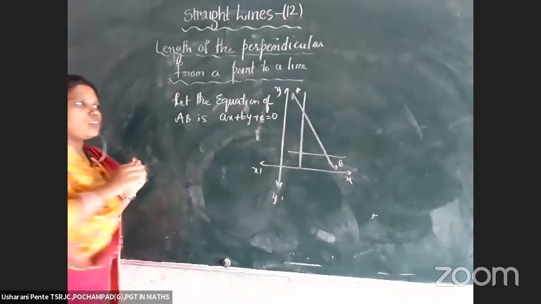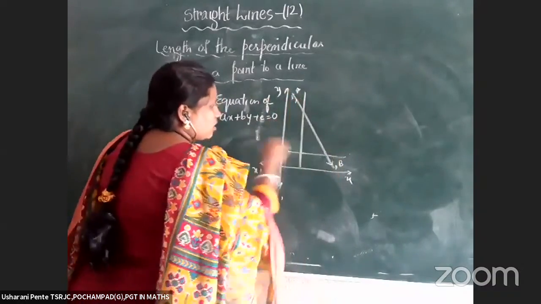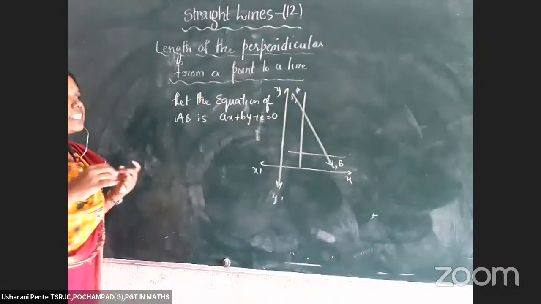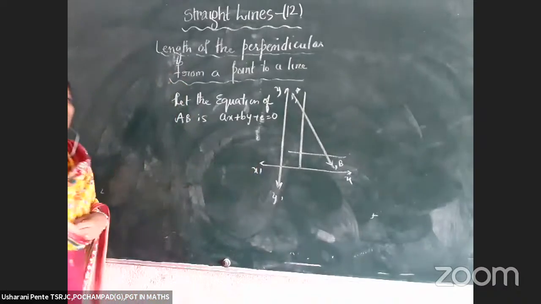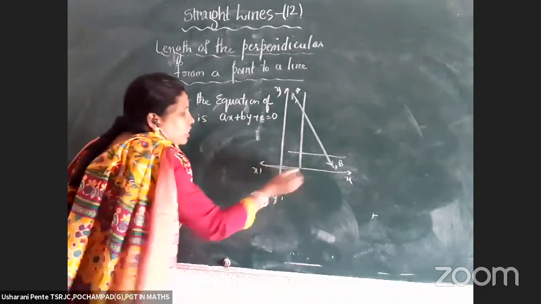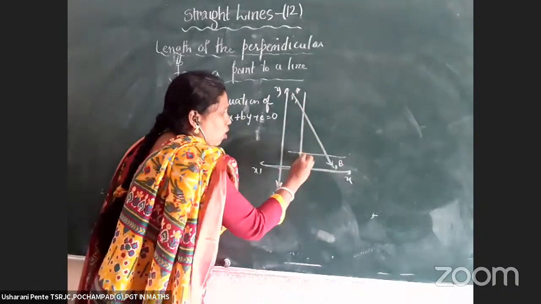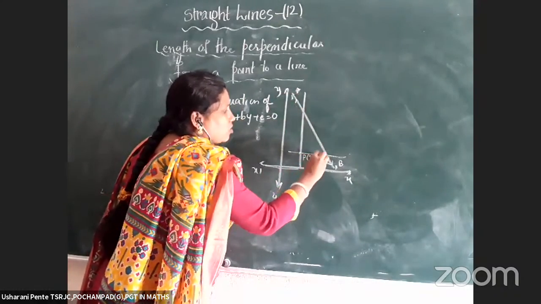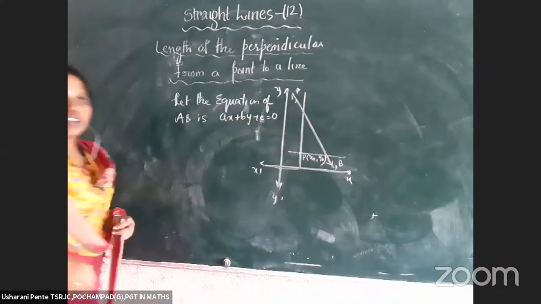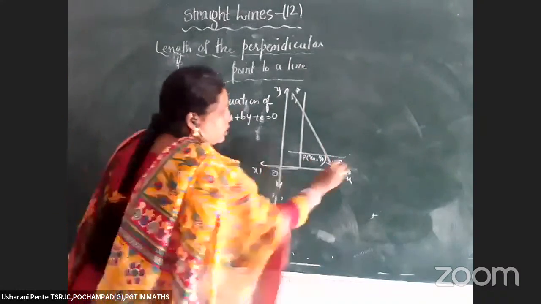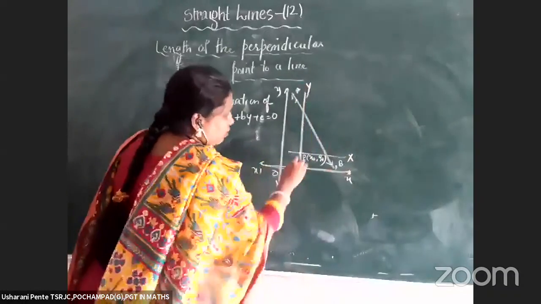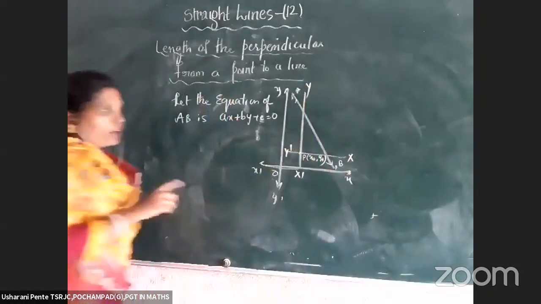This is the equation of this straight line, and there is a point P. If these coordinate axes are shifted to this origin, that is P of x0 comma y0, this origin is shifted to here, that is capital X, capital Y, x dash and y dash.